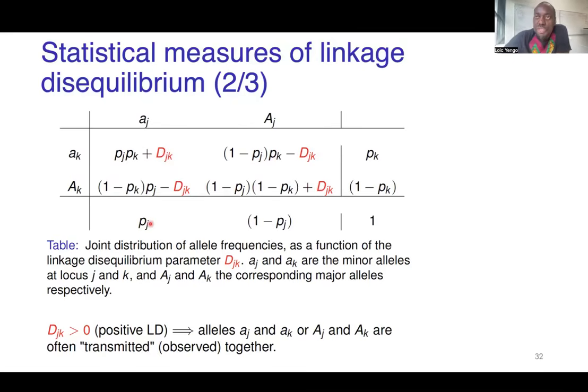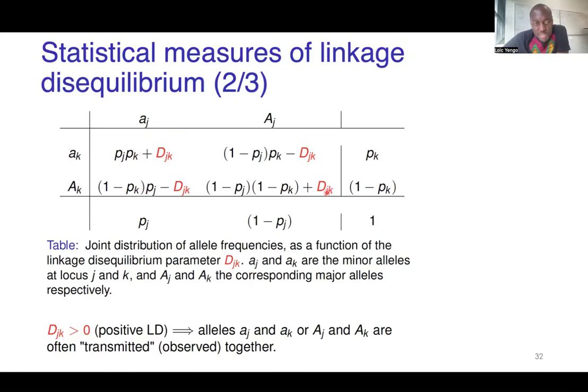One of the reasons why that structure emerges is because we know that the marginals of that table are constrained. When we sum all the allele frequencies, they have to be P_K, and the sums of each of the columns and rows are constrained, and that also creates that particular constraint.